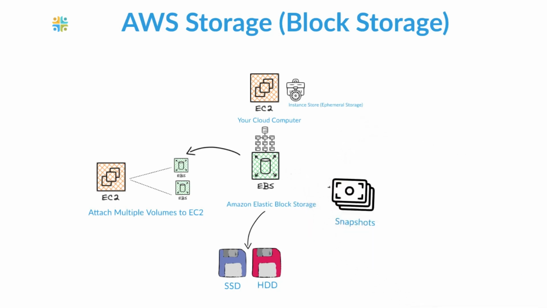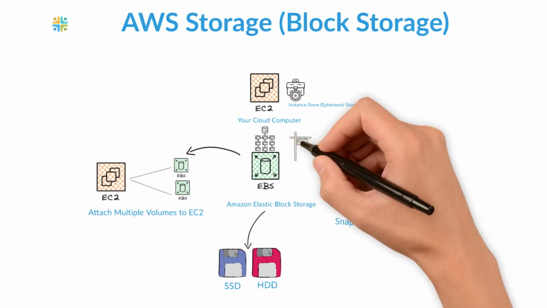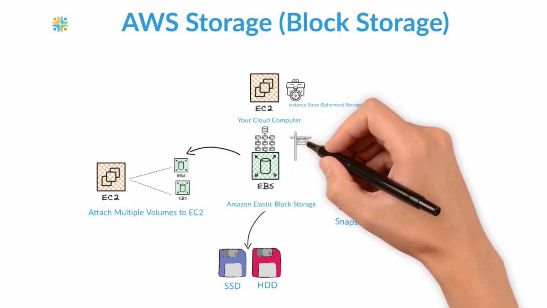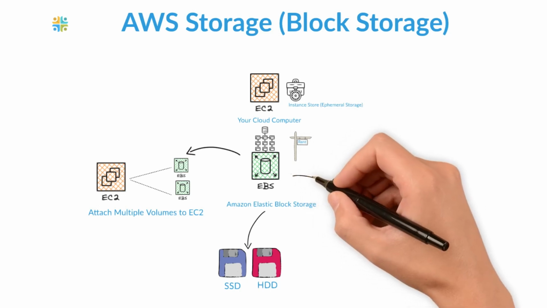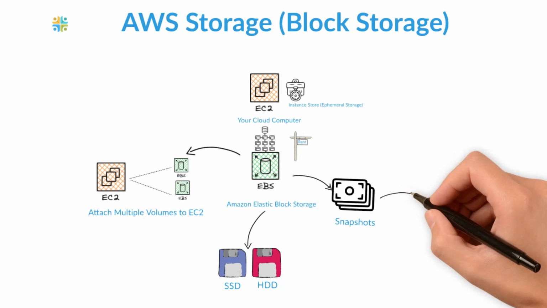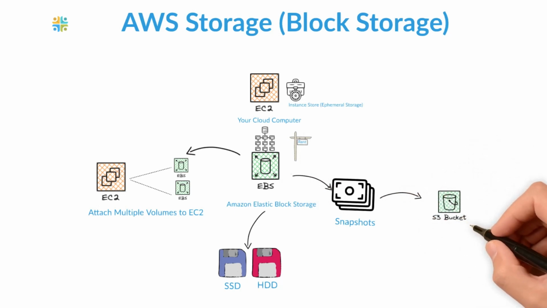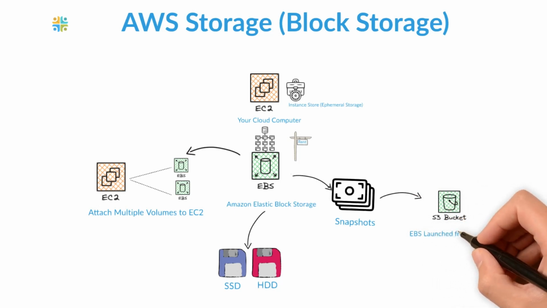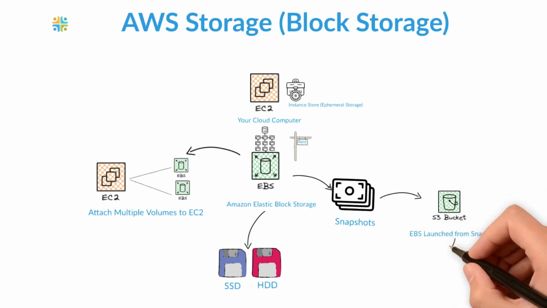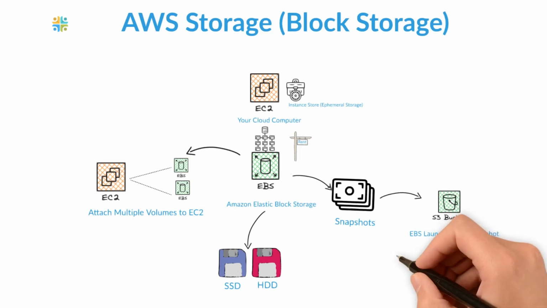You have the option of running this every day and paying for it, which becomes costly, or you can take a snapshot of your data and store it into an S3, a cheaper storage service. We will cover this in the next service. When you need to relaunch your data and start off where you ended, you can configure an EBS volume to launch using your snapshot.